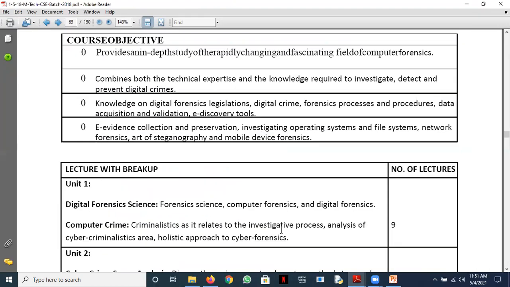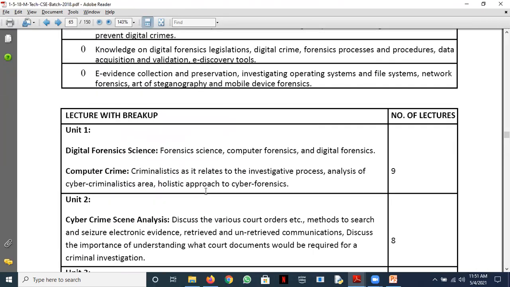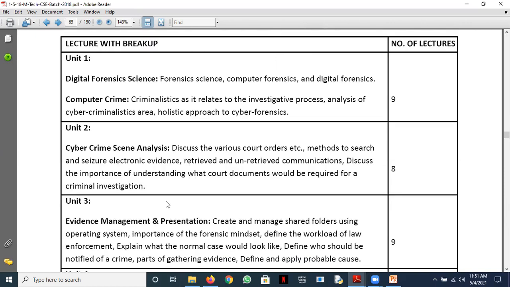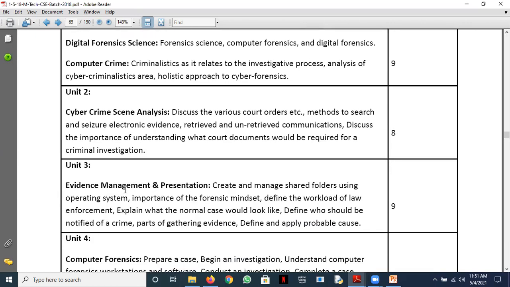Okay. So if I just go to your syllabus here, this is broad. Unit one is just a broad introduction, right? Then the second one is cyber crime scene analysis. How we can pick up the electronic evidence, and how we can do all the documentation that the court requires. Then the third unit is evidence management and presentation.